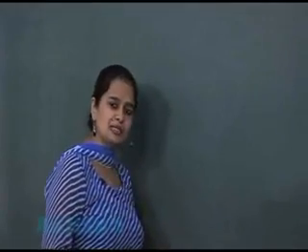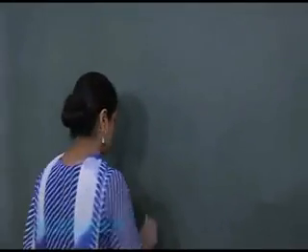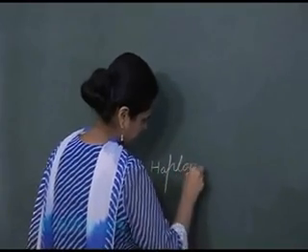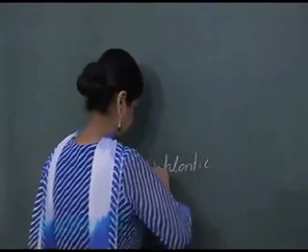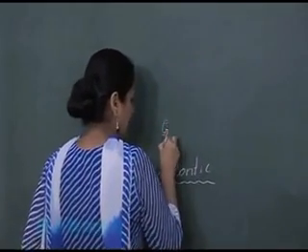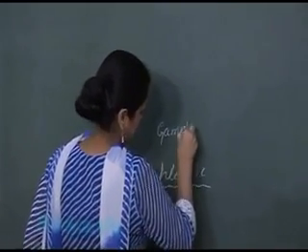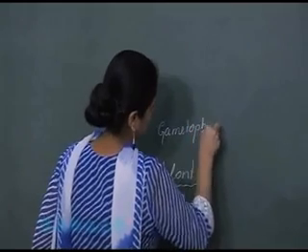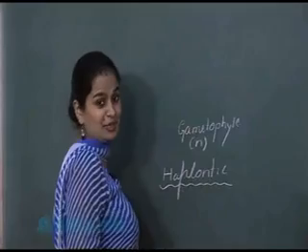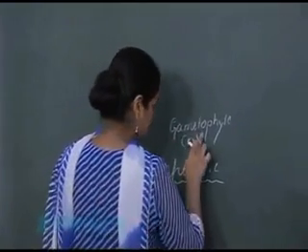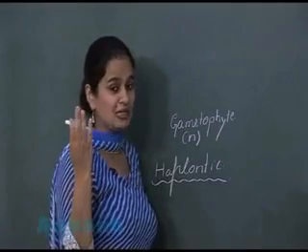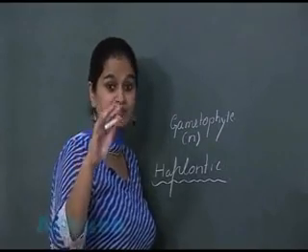So let's start with the haplontic life cycle pattern. Here I am showing haploid phase, that is the gametophyte. So this is haploid gametophytic phase. ये जो gametophyte है, इसके अंदर mitosis होगी, and after the mitosis there is formation of gamete.